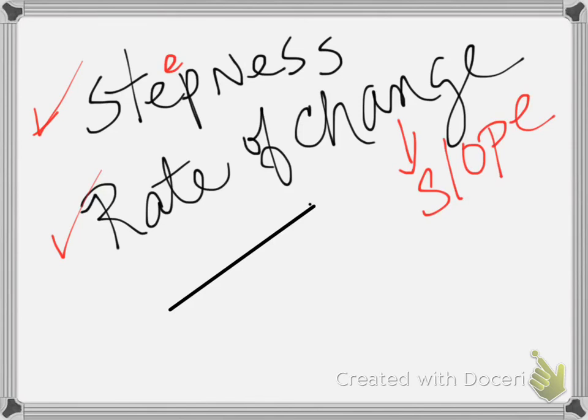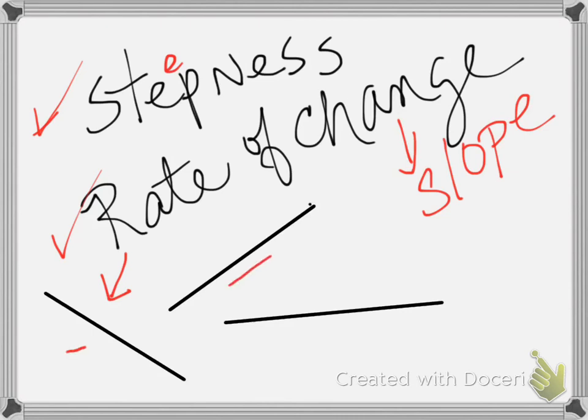So you have to determine whether the line represents a positive slope, a negative slope, or no slope at all. So if we look at this particular line here, it's pointing downward. If you're reading left to right, that means that's a negative slope. This line here is pointing upwards. You're reading left to right, that's a positive slope, a positive steepness.